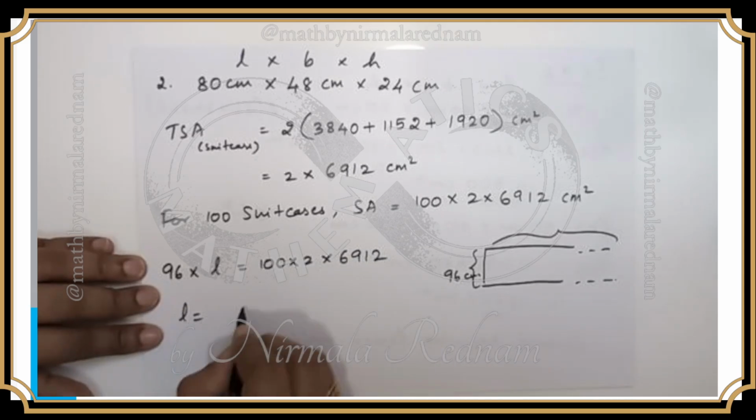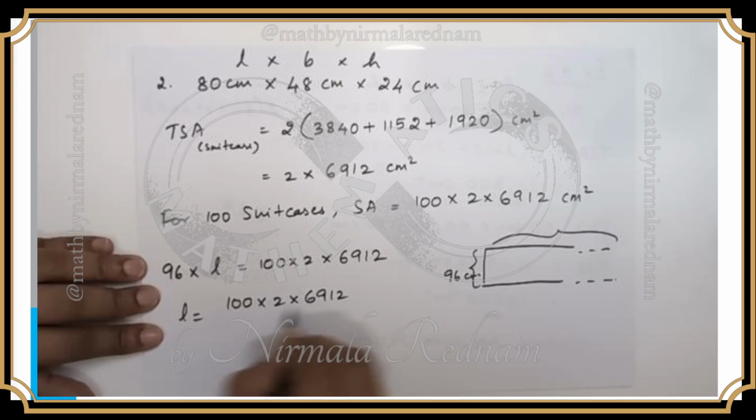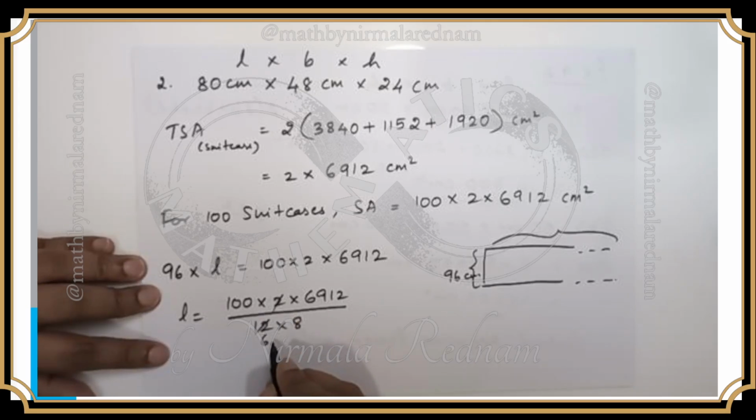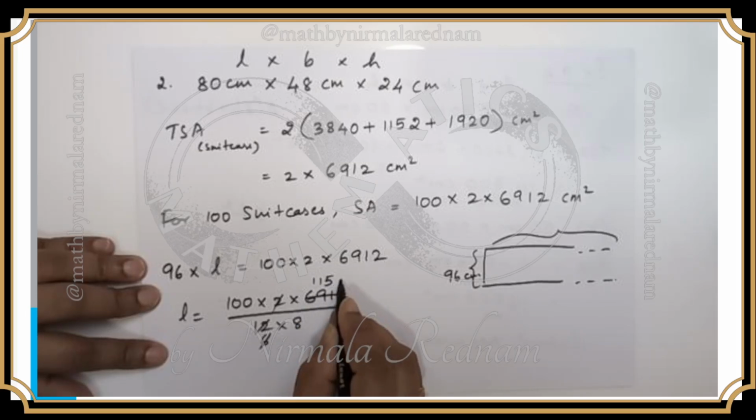So therefore L is equal to, 96, I'll write it as 12 into 8. Now I'll do the simplification. I have 6 tables, 6 ones, 6 ones, 6 fives, and then 6 twos.